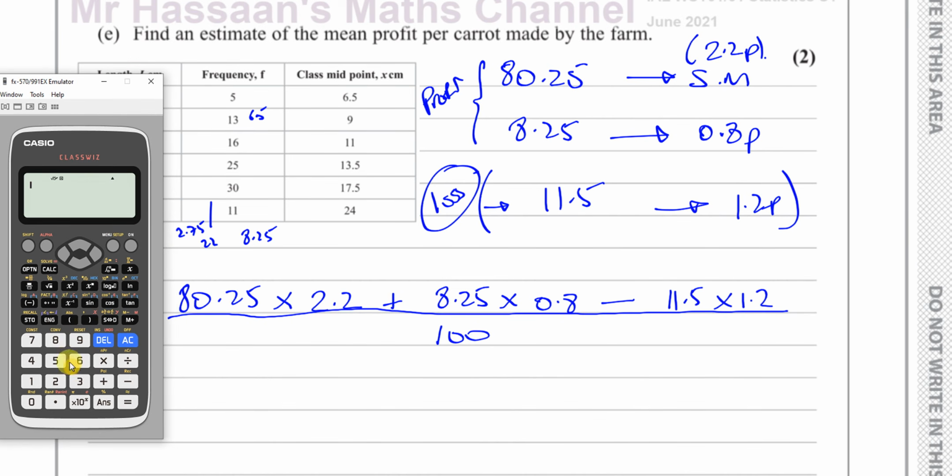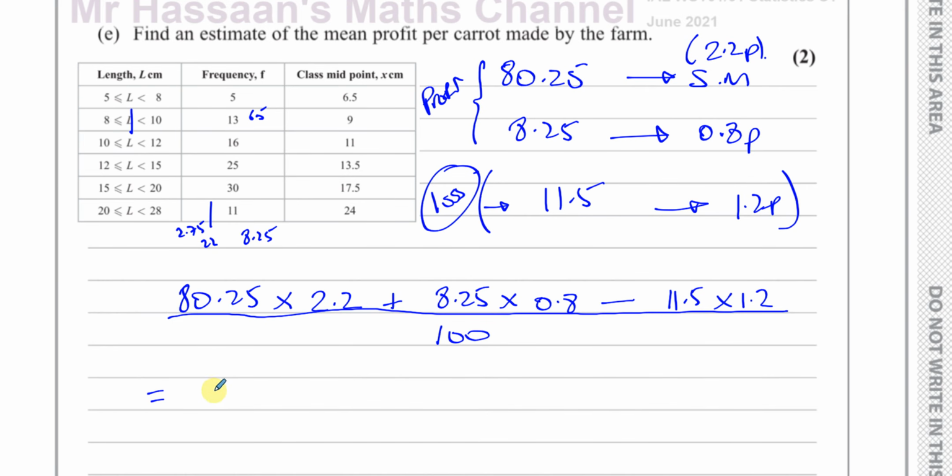So we have 80.25 times 2.2 plus 8.25 times 0.8 minus 11.5 times 1.2, all of that divided by 100, and that gives you 1.6935.